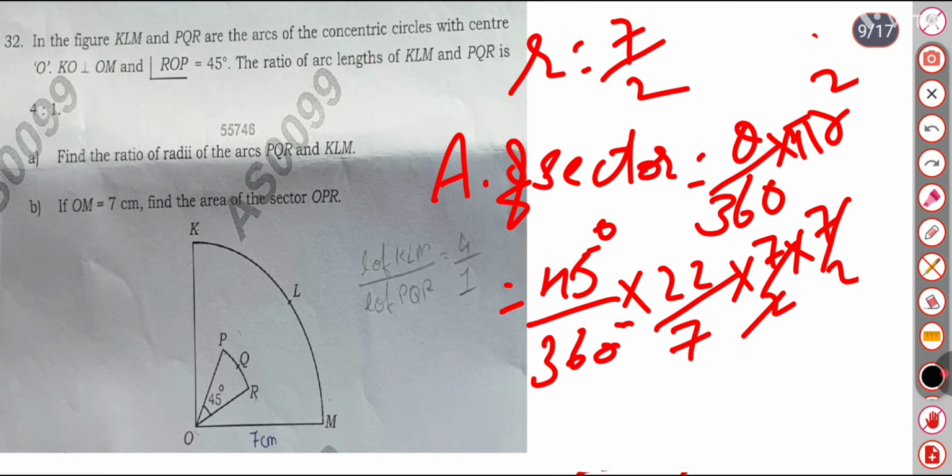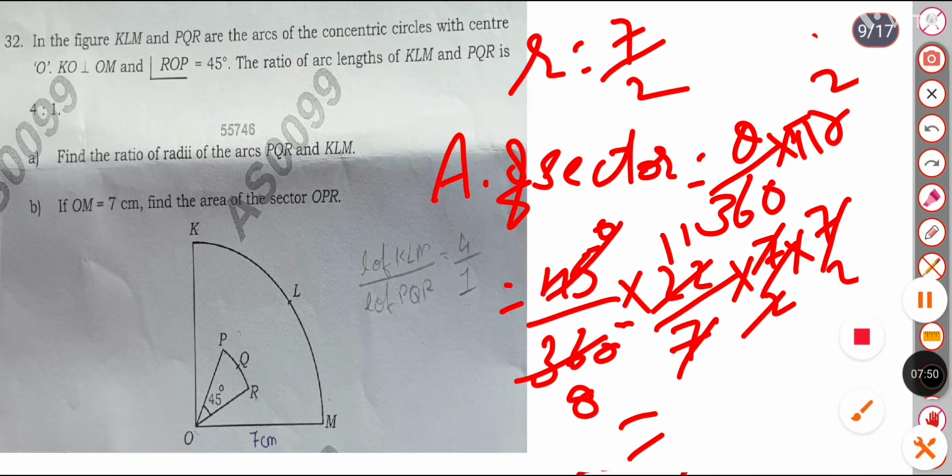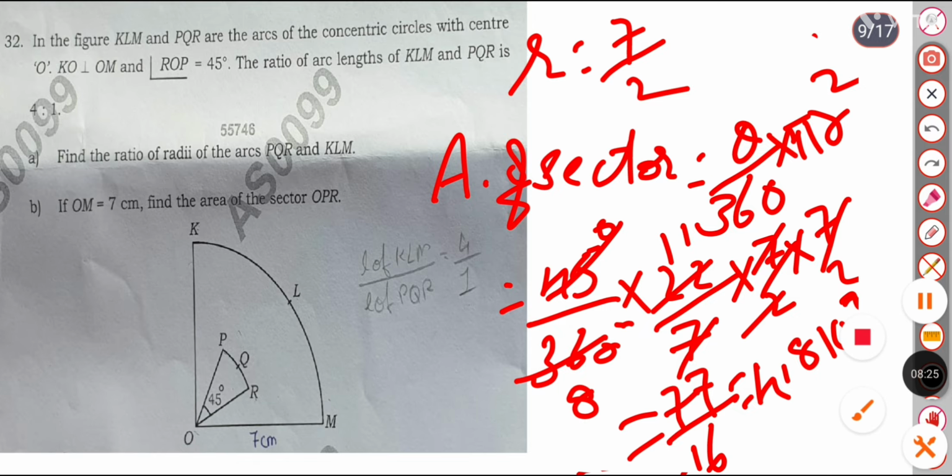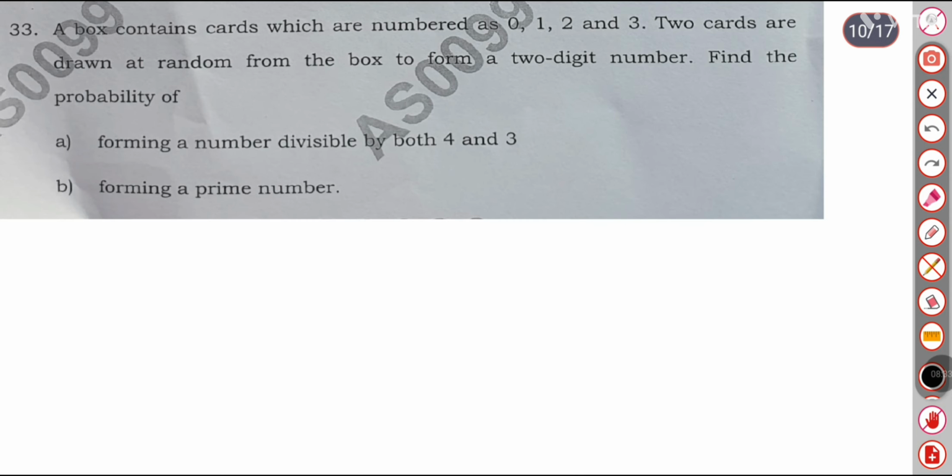So 2 1s are 2, 11s cancel, 45 1s are 45, 8s are. So 7 7 cancels. Answer will be 77 by 16, which is equal to 4.81 centimeter square. That is the answer.